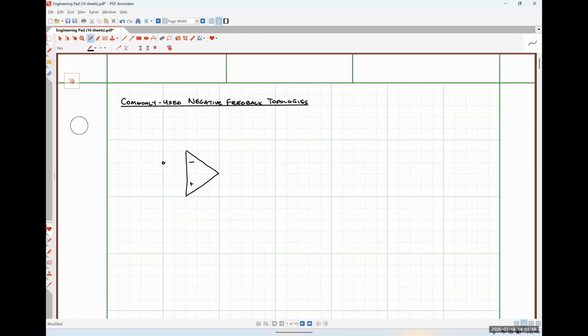And as per usual, I'm going to have some sort of negative feedback path. In this case, it's going to be a resistor RF that is connected between the output terminal and the inverting input terminal.